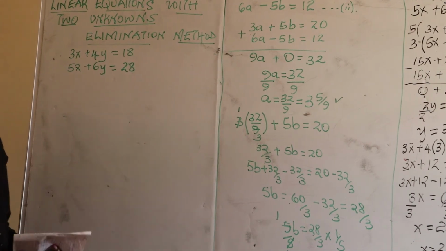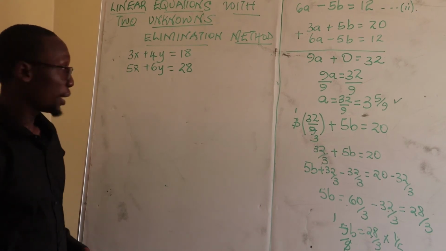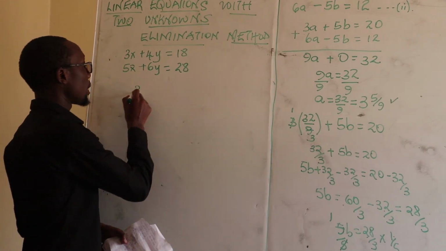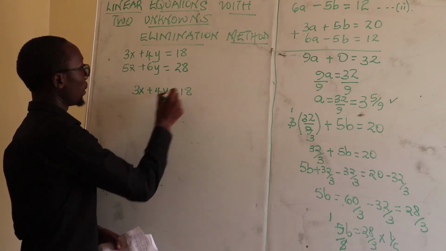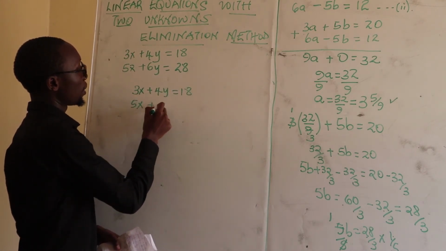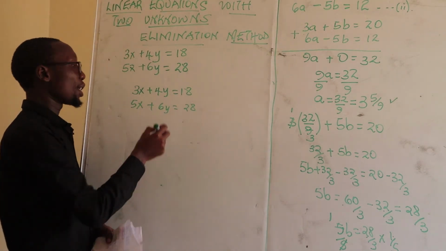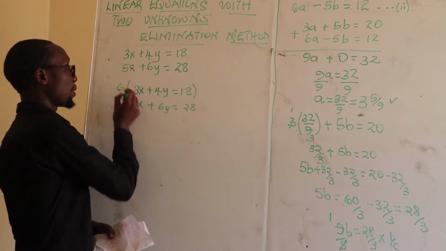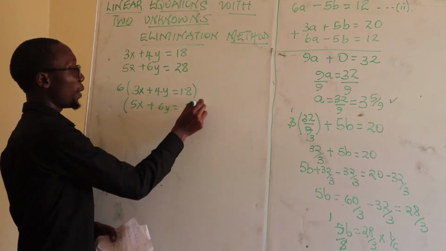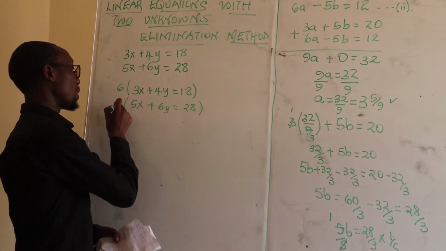Now, if we consider eliminating y, that means, again, we rewrite this plus 4y is equals to 18, and 5x plus 6y is equals to 28. So the coefficient of y in the second equation, we multiply the first equation with that, which is 6, and then we multiply the second equation with the coefficient of y in the first equation.